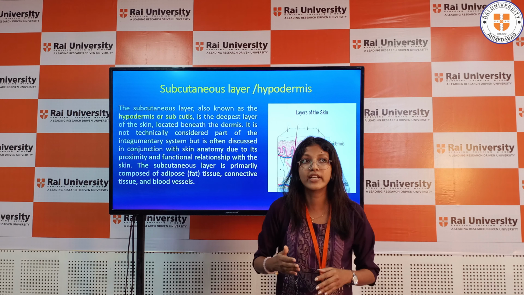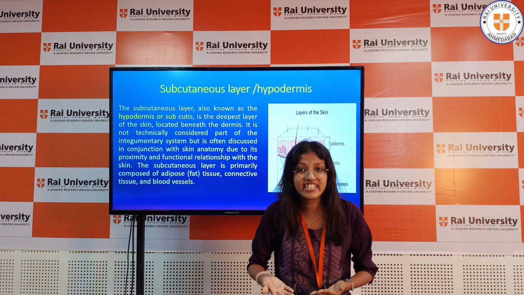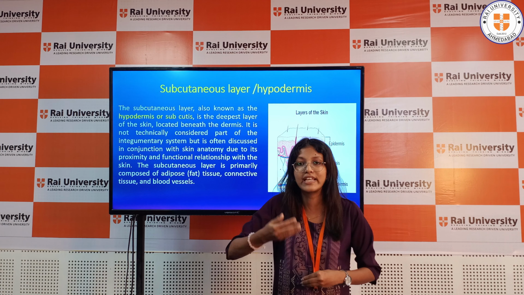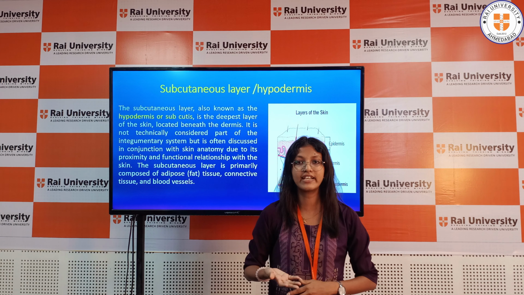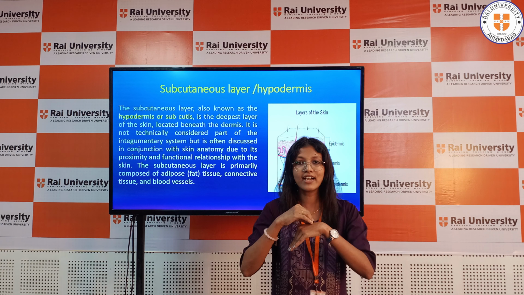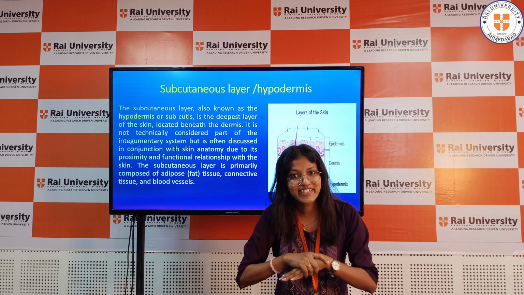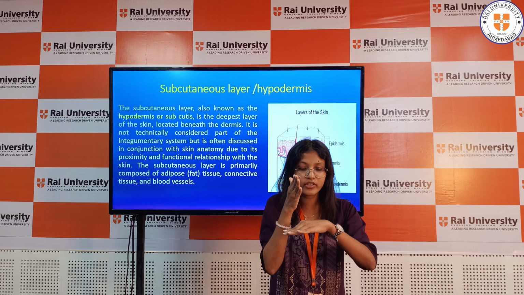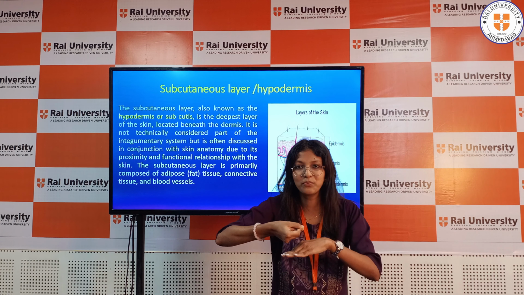For example, if we get a serious injury, like in an accident, we will bleed continuously, right? In the dermis we have small blood vessels, which means for mild cuts we get a small amount of bleeding.